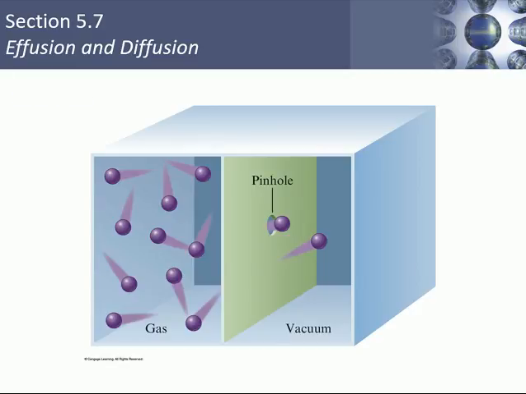All right, so here we have a graphic in which we can see both diffusion and effusion. You can see that if I were to put a gas into this left-hand compartment and just let it go, it would spread out throughout this compartment until it was completely uniformly distributed.